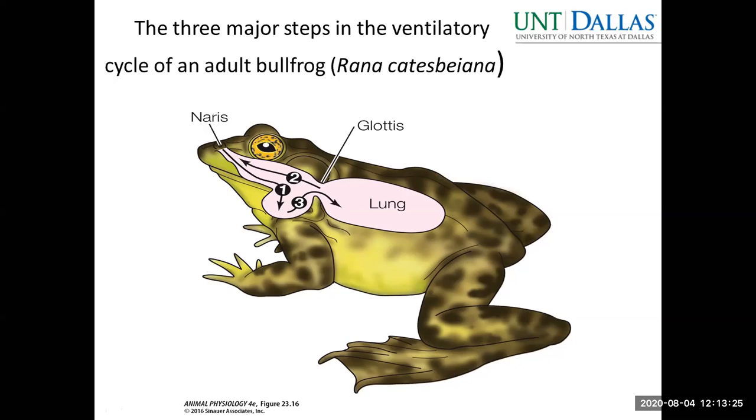So an important effect of buccopharyngeal pumping between breaths is that it washes residual pulmonary exhalant air out of the buccal cavity, so that when the next pulmonary ventilatory cycle begins, the buccal cavity is filled with a relatively fresh mixture. So these are the three steps in the ventilatory cycle of an adult bullfrog.